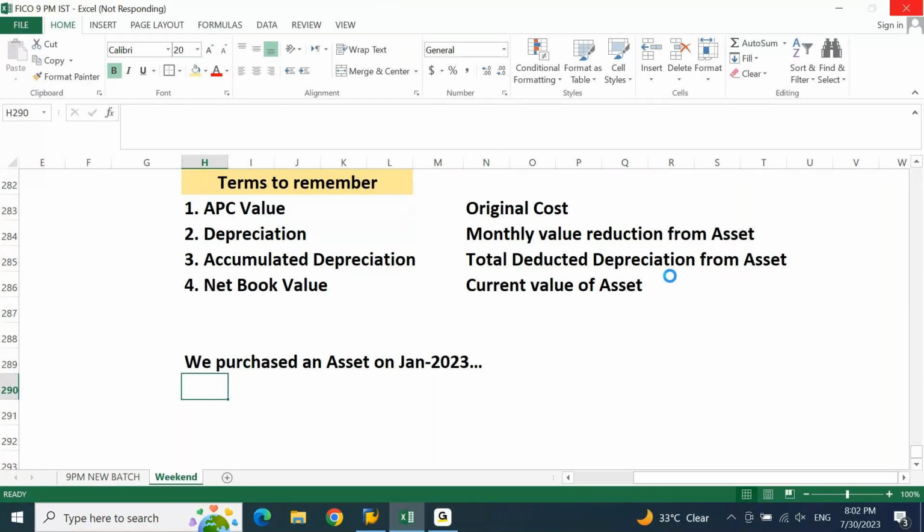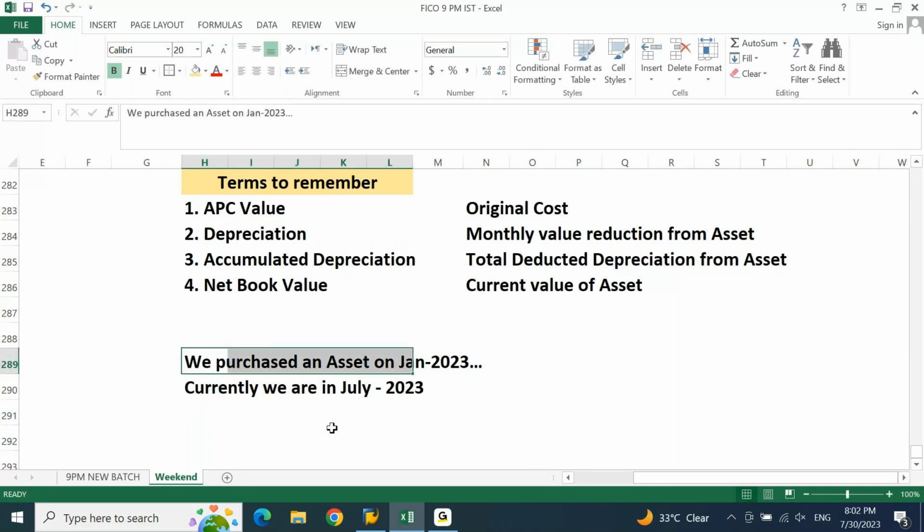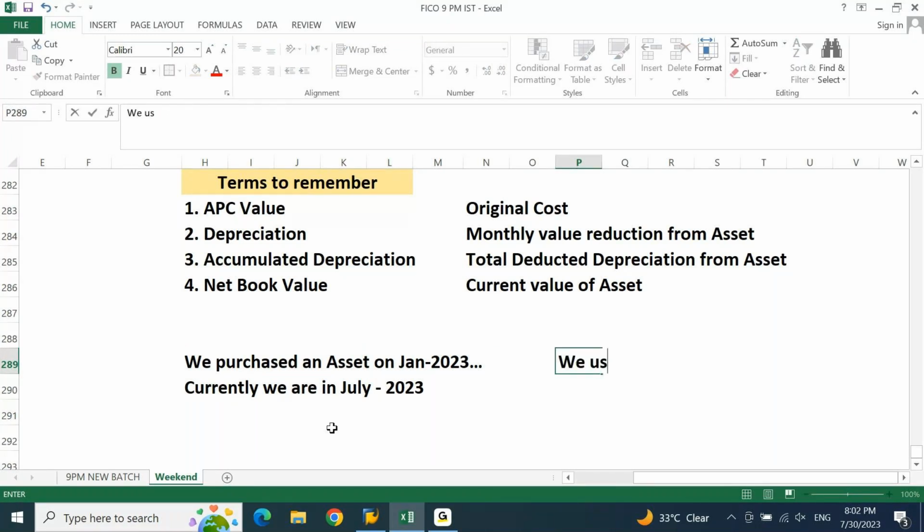July. Currently we are in July 2023. Based on these two statements, we are using the asset from Jan to July.